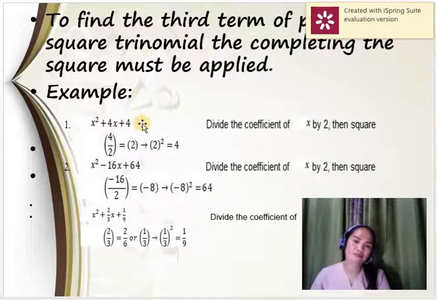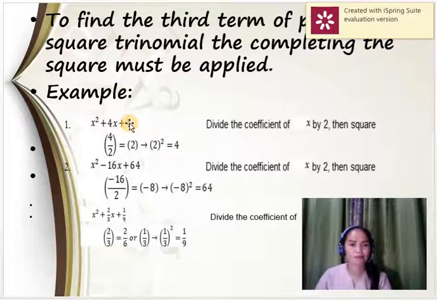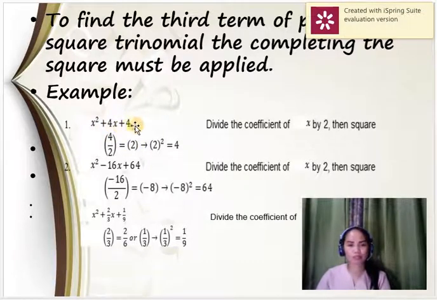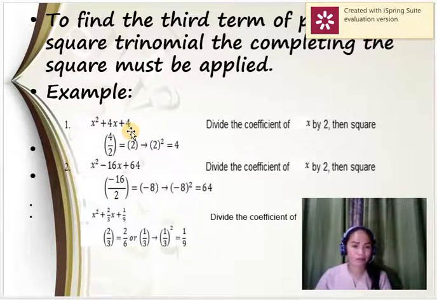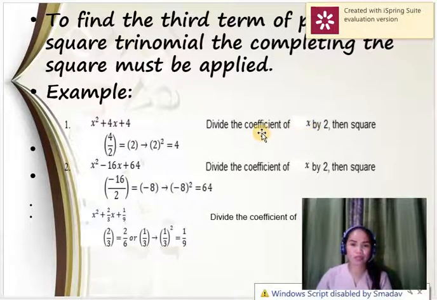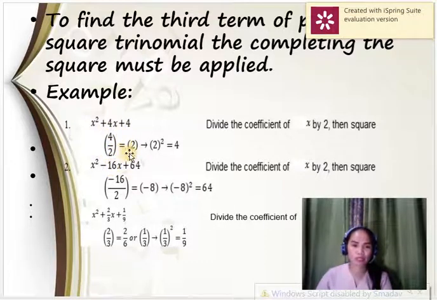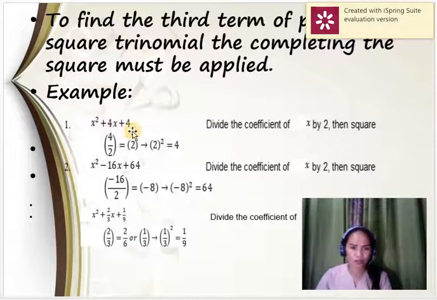Since we have to find the third term, it is 4, to make this a perfect square trinomial. Where did we get 4? Divide the coefficient of x, which is 4, by 2. 4 divided by 2 is 2, then squared is equal to 4. There you go.